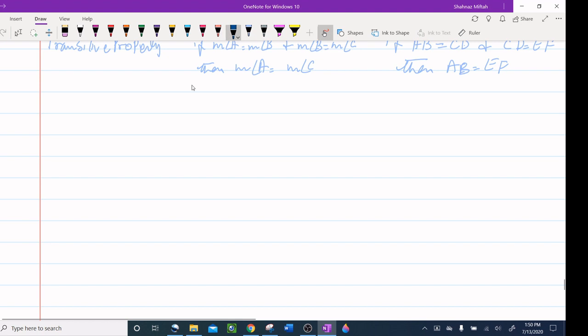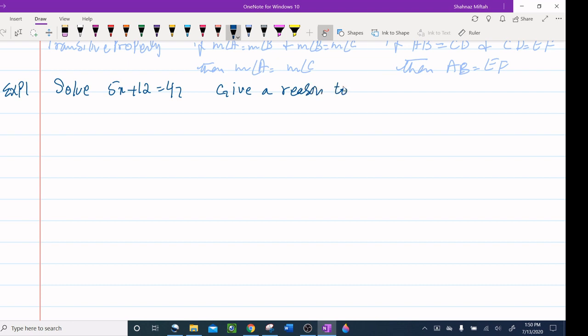I'm going to use the same properties. This is my example number 1. It says solve 5x plus 12 equals 47. The question is asking to give a reason to justify each statement.